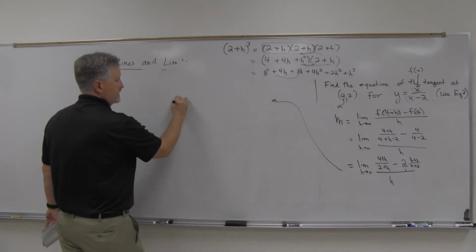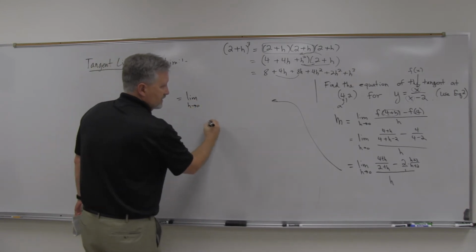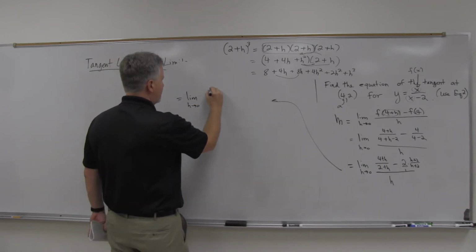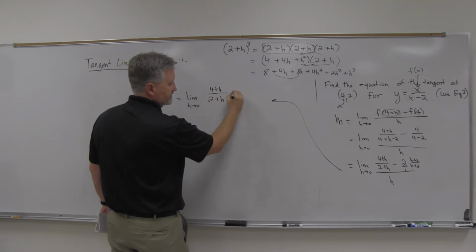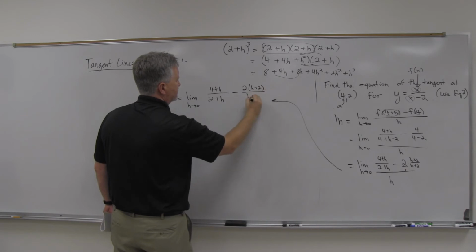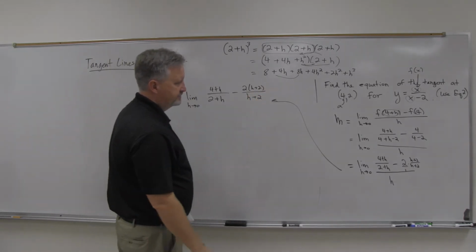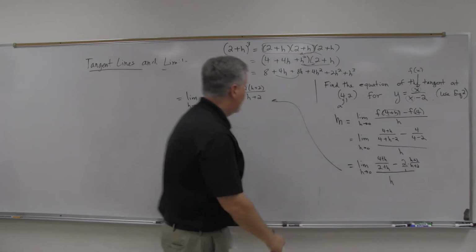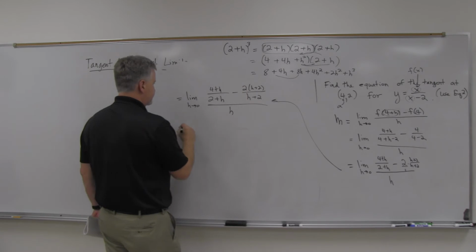And so that'll get me the limit as h approaches 0. Let's write it all out here: 4 plus h over 2 plus h, minus 2 times h plus 2 over h plus 2. What that gets me is a common denominator, so I can combine my numerators.